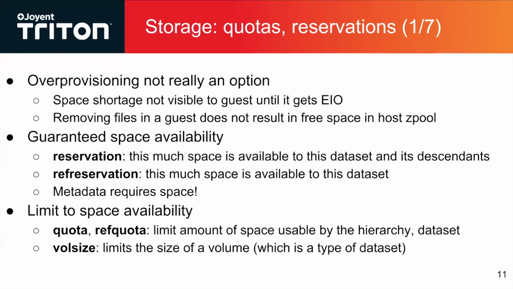And then there's ref reservation, which is how much space is reserved for that, not necessarily available. That speaks more to quota. So ref reservation is the amount of space that a data set is guaranteed to be able to use.